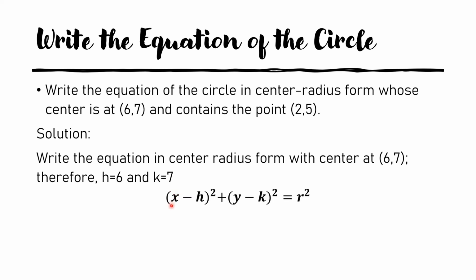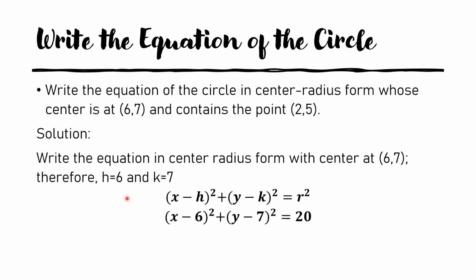So, from the center-radius form na (x minus h) quantity squared plus (y minus k) quantity squared equals r squared, isubstitute na natin yung h na 6 at yung k na 7. So, we have now (x minus 6) quantity squared plus (y minus 7) quantity squared is equal to 20. Ito yung r squared na na-solve natin kanina dun sa pag-solve ng radius using distance formula.